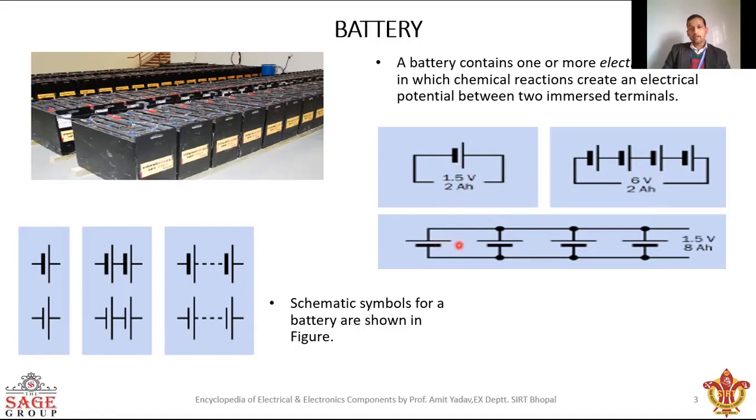Look here, we have connected these four batteries of 1.5 volt in parallel. Then what will happen with this connection? Here, we get 1.5 volt, but the battery capacity of a single cell, which is 2 ampere hour, will now change to 8 ampere hour.